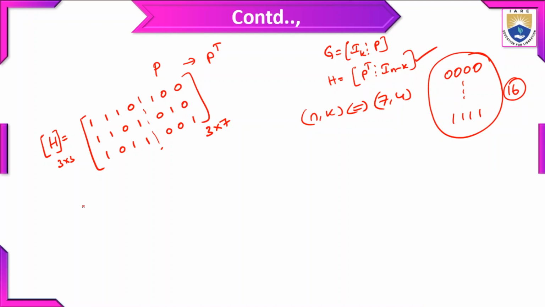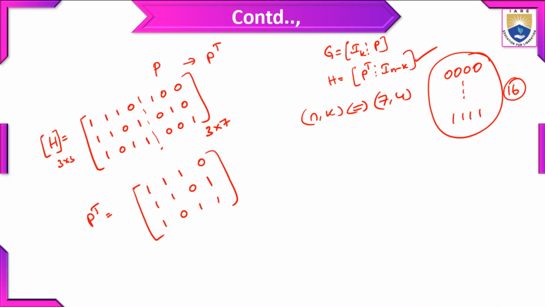Okay. So first you write the P transpose. That is 1 1 1 0, 1 1 0 1, 1 0 1 1. This is my P transpose. From that P transpose, I am going to find the coefficient matrix P. So we just transpose.